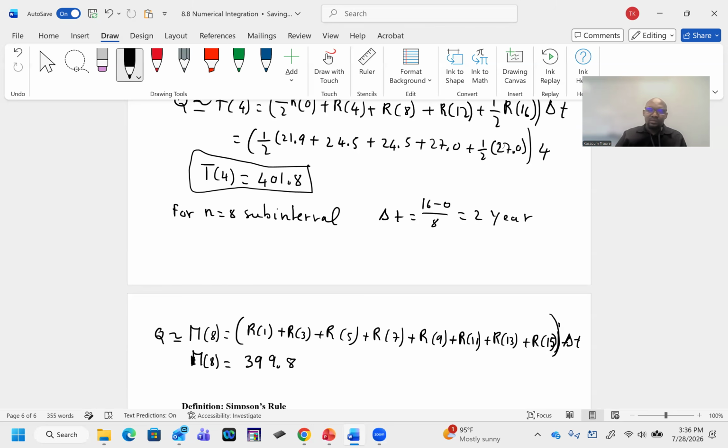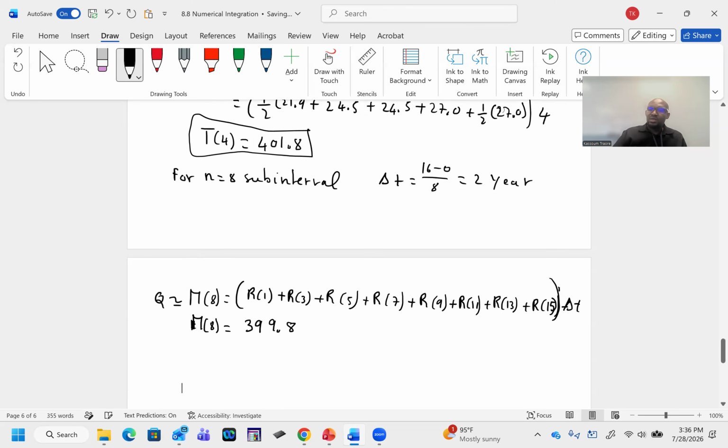Okay, and if you do the same thing for trapezoid, I'll pause the video and do this one, you would see for the trapezoid, T of 8 also will be what? 401.9.